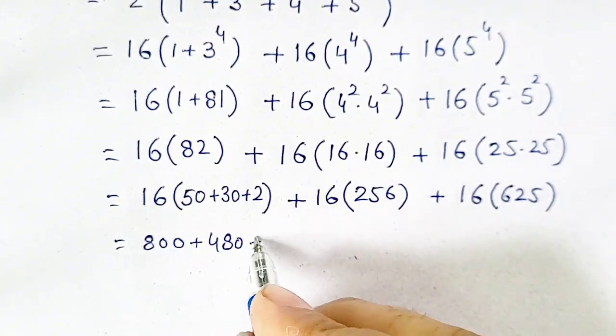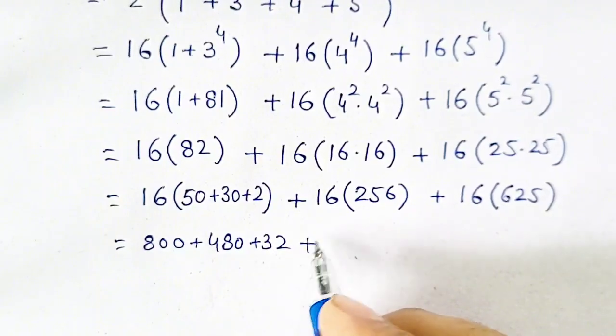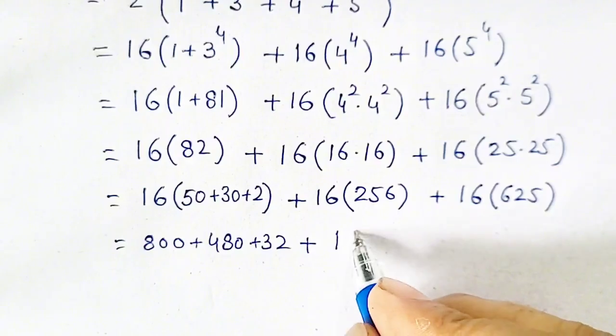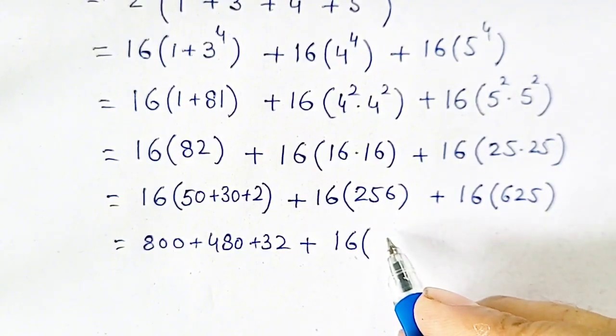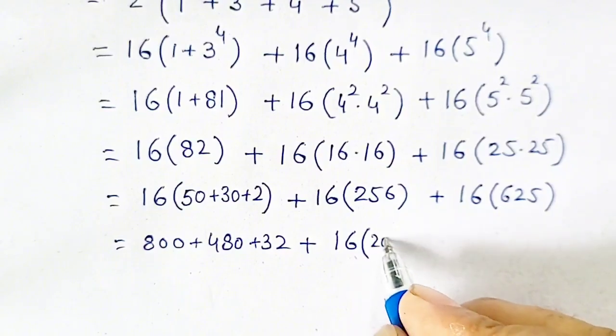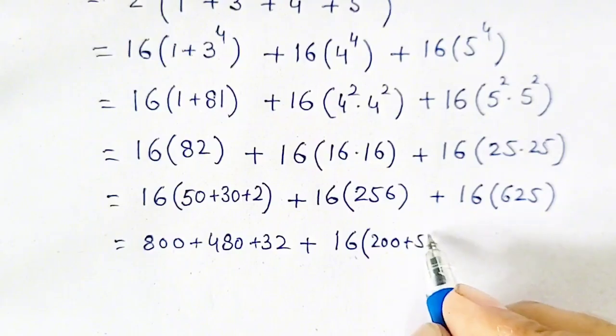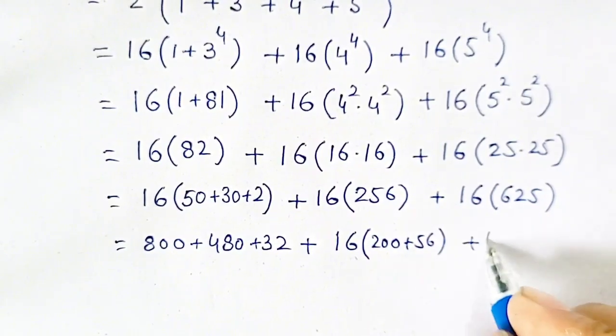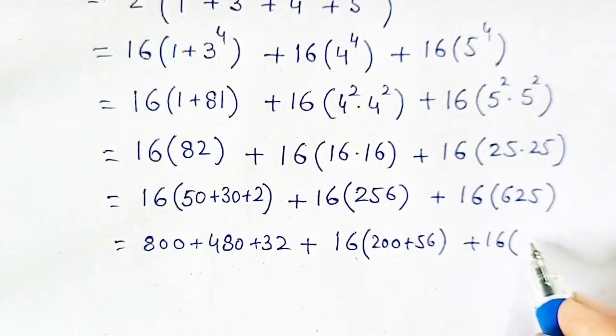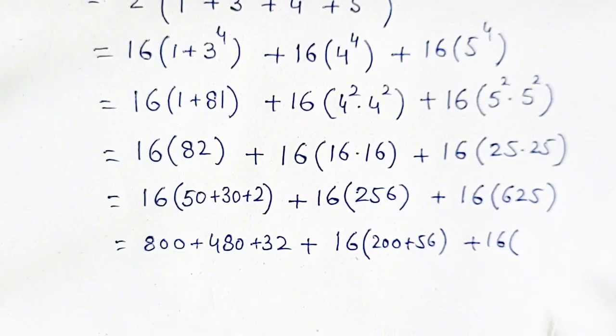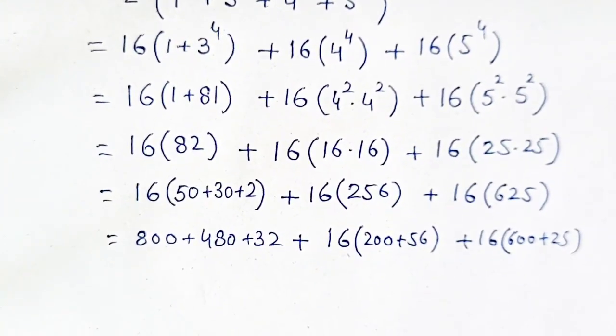And 6 twos are 12. Plus 16 times 200 is 3200, plus 16 times 56, and 16 times 25.